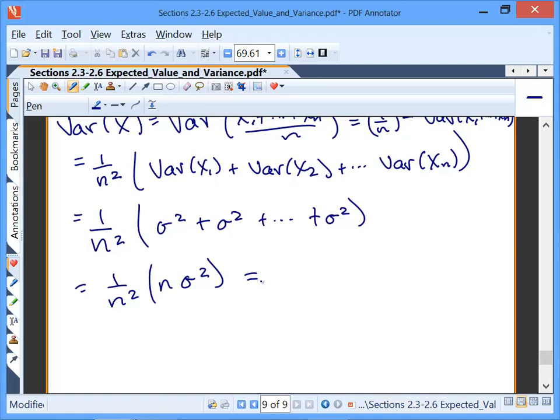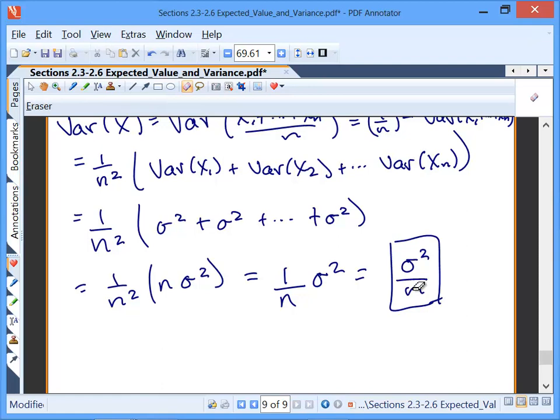They cancel out part of it. So we're left with 1 over n sigma squared, or just sigma squared over n. Again, another very famous result, one we'll use when we work with the normal distribution and sample means: when you take the variance of your sample mean, you don't get the original variance, you get the original variance over n.